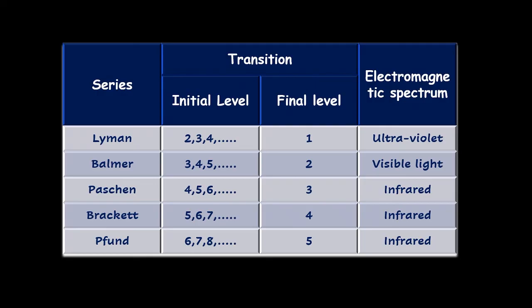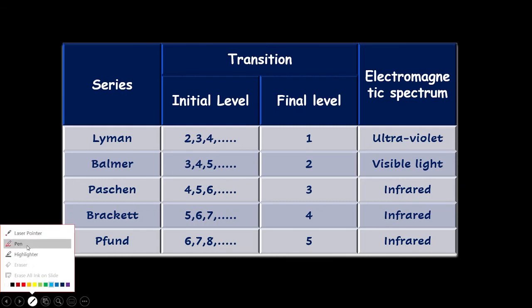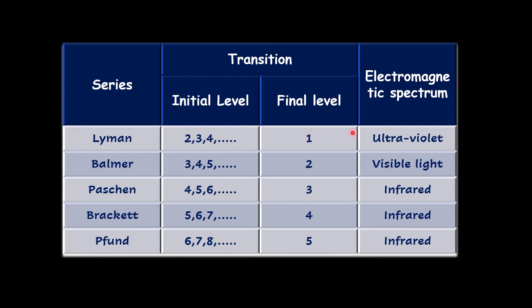So it means that for the Paschen series, it will emit what we call infrared photons. This table will help you to finalize the series based on the final level of the transitions of electrons. When the electron transfers from a higher energy level to the ground state, n equal to 1, we call it the Lyman series, and it will emit ultraviolet.